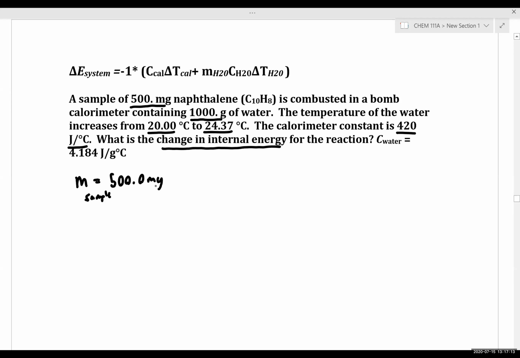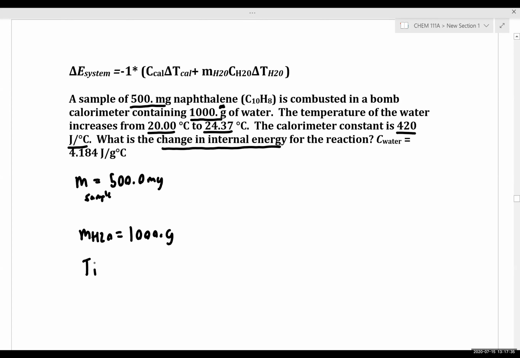So we know that the mass of our sample is 500.0 milligrams of naphthalene. This is a distractor number. It doesn't actually go into our internal energy equation. We'll use this a little bit later on. The mass of water, that's our key signpost, is 1,000 grams, okay?